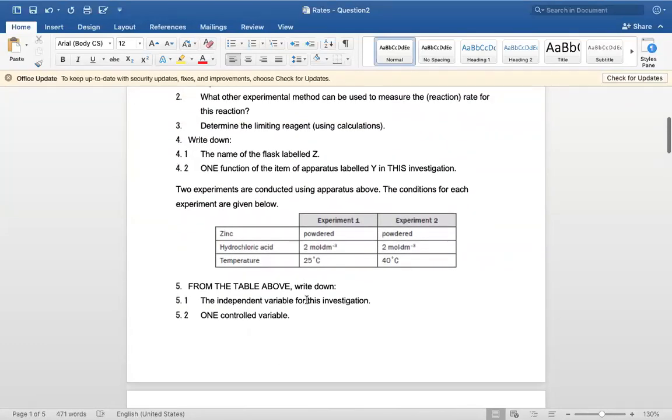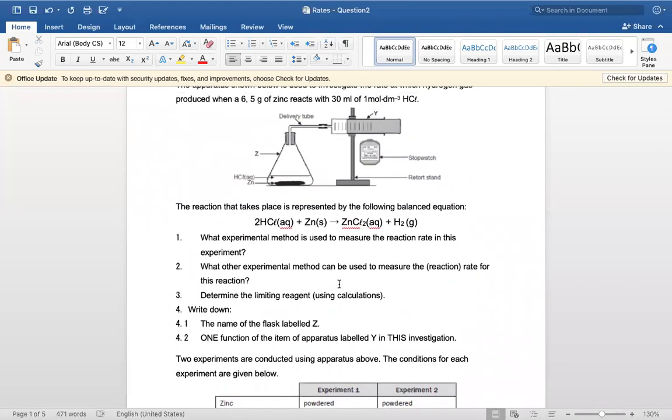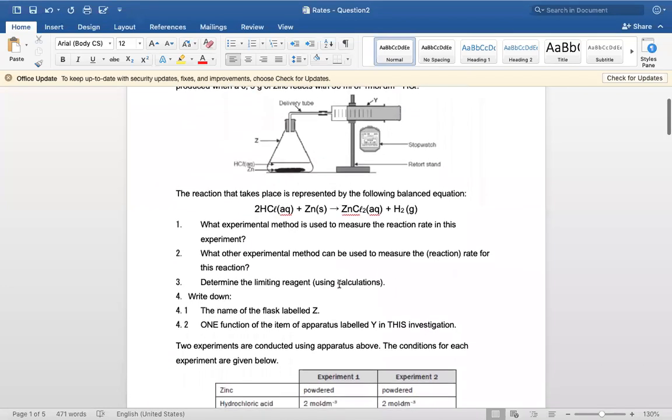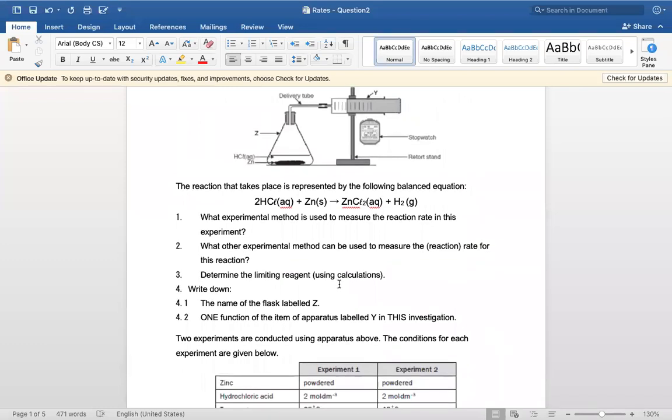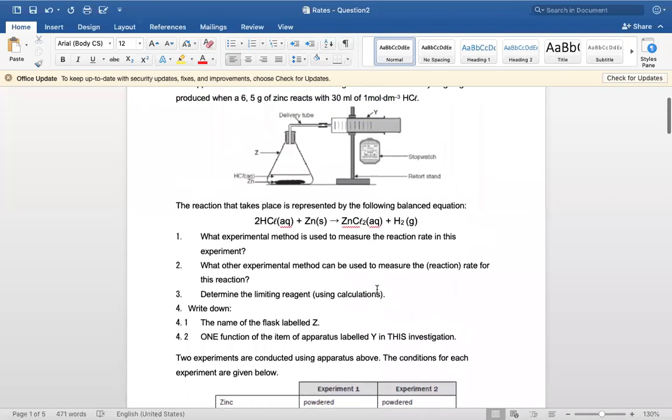Question 5. From the table above, write down the independent variable for the investigation and one control variable. So the independent variable will be time, because you can't control the time, right? Your control variable is what you keep the same.